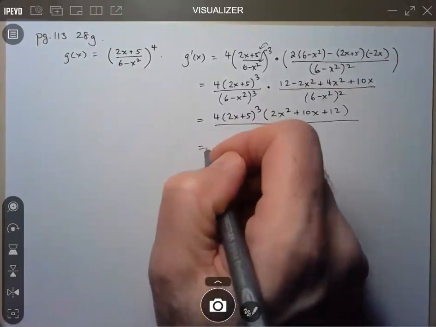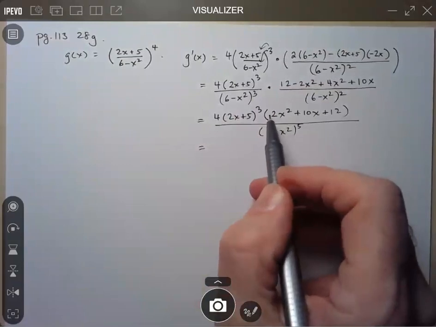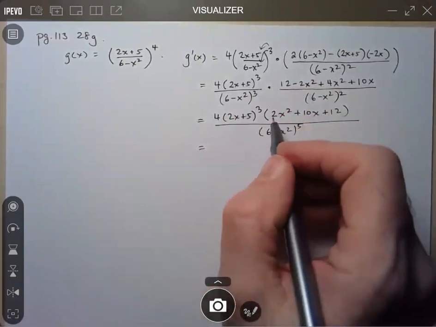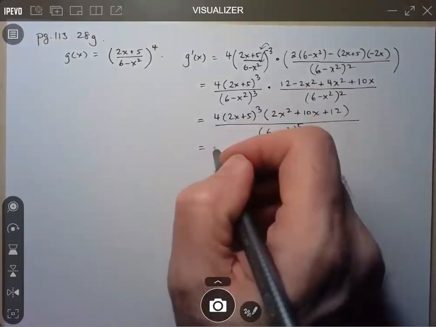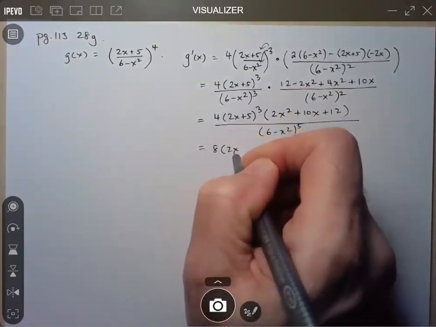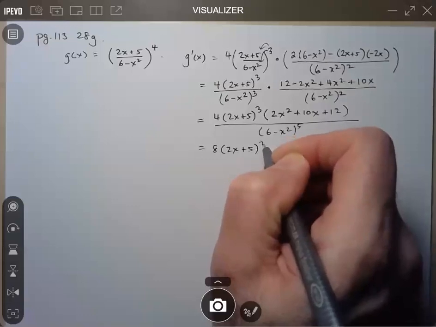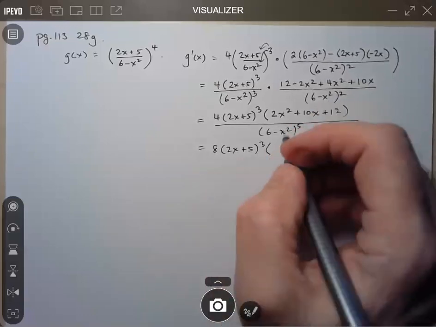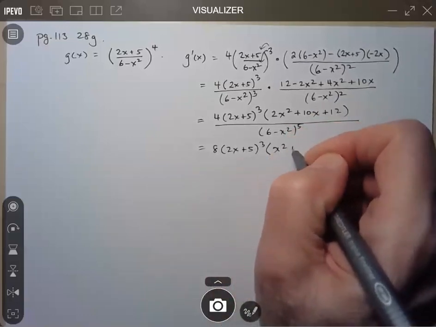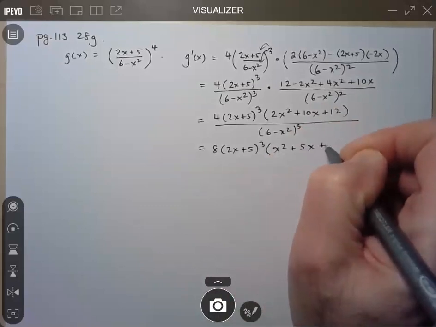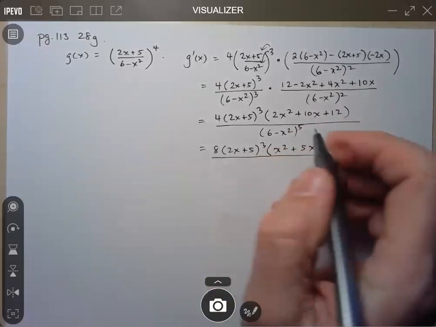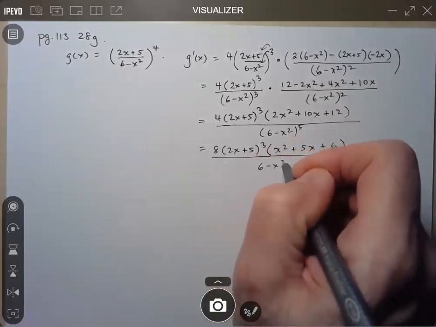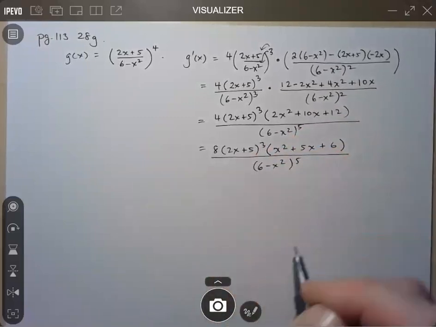Okay. And I notice that I can go a little further. I can factor out a 2 there. So if I factor out a 2, there's another factor of 2, so that's going to be 8 times (2x plus 5) cubed. Let's see what we have left here. We have x squared plus 5x plus 6, all over (6 minus x squared) all to the 5th.